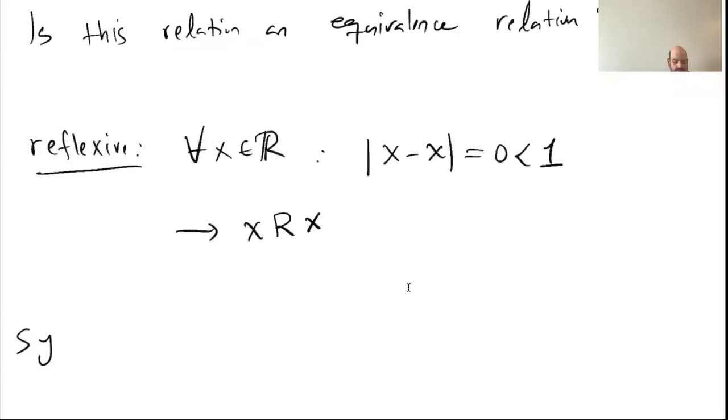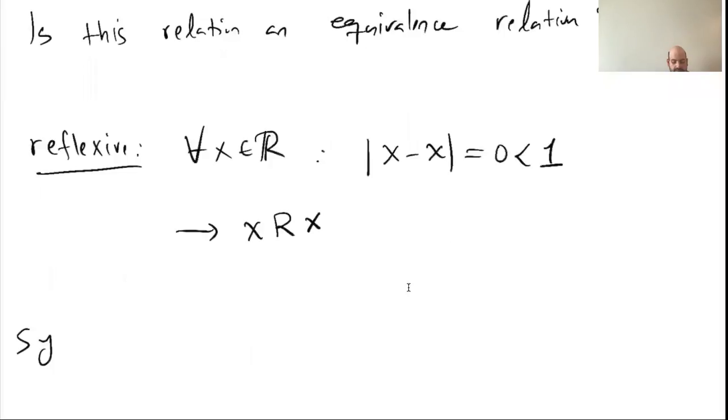For symmetric, for every x and y in R, if x and y is in the relation, then what can I say? Then we can say that absolute value x minus y is less than 1.